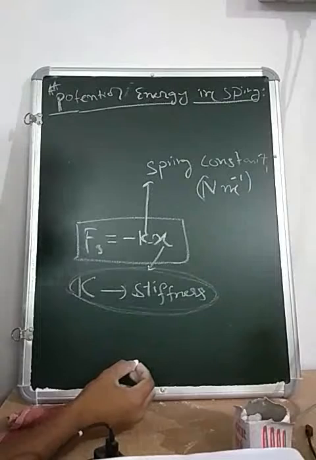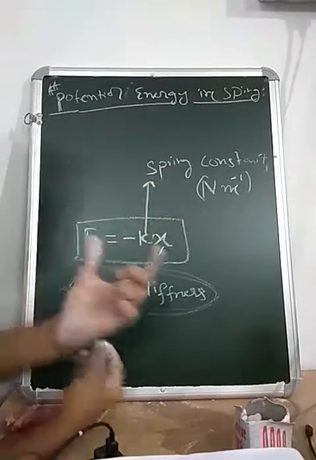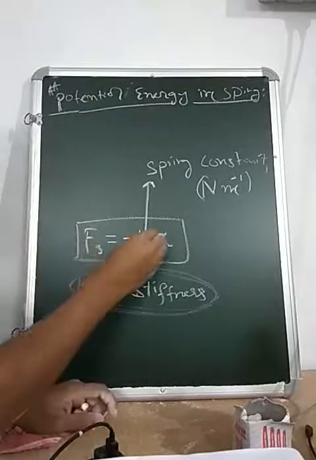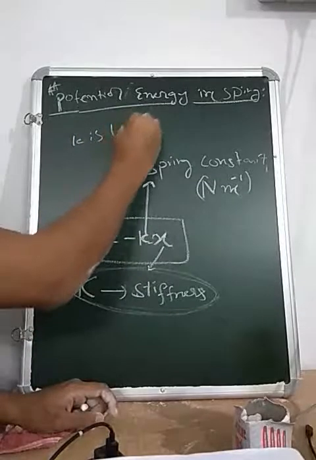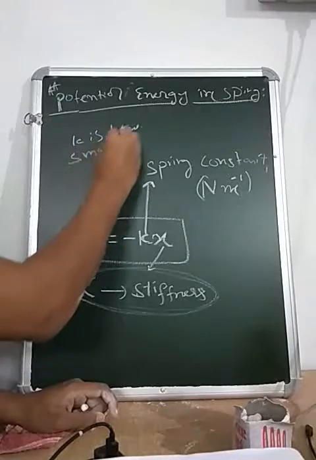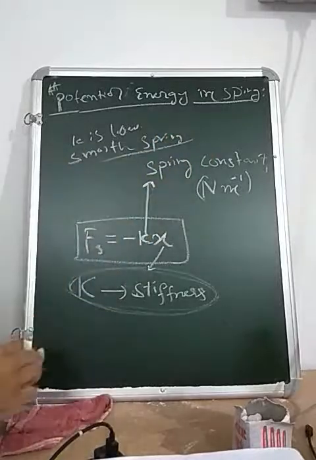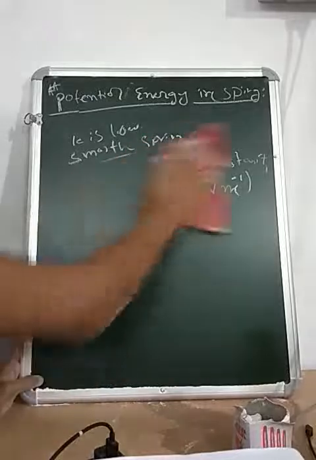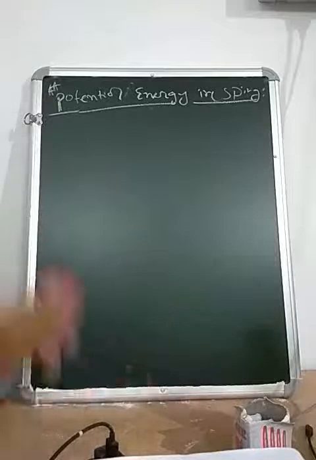That is, we require a large amount of force to compress, extend or expand the spring. If K is low, then the spring is an example of a soft spring, so a smaller amount of force is required to compress or extend the spring.